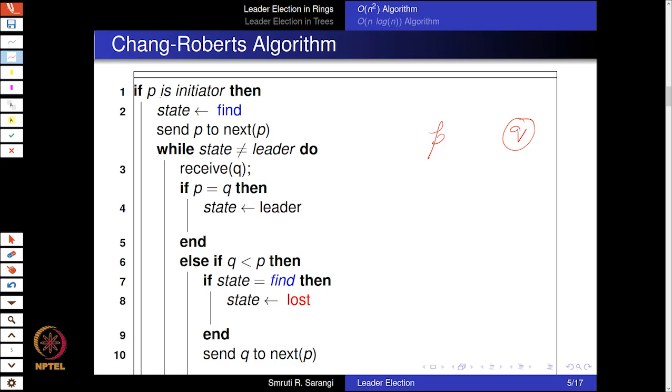If one node P is the initiator, which means that I'm just starting the process of leader election, but you need not have one initiator, you can have many initiators. Then it will look at its state variable and set it to find, which means that node P is in the process of finding a leader, electing a leader.